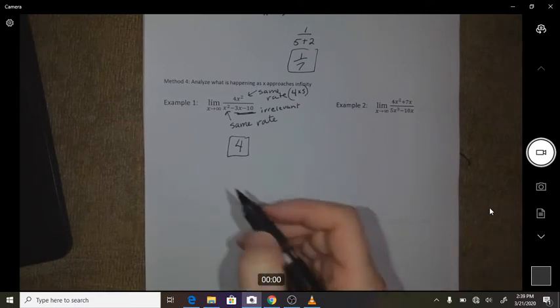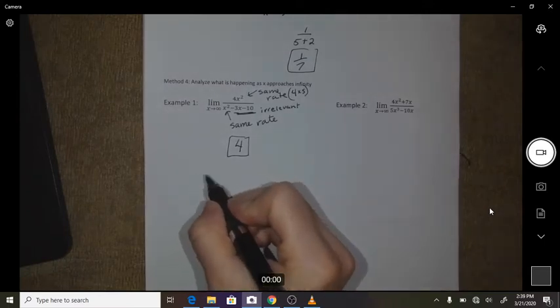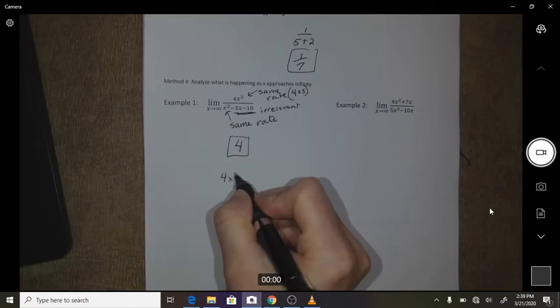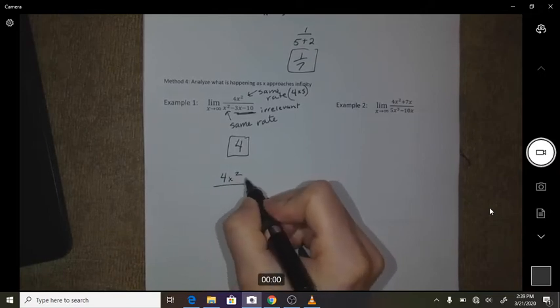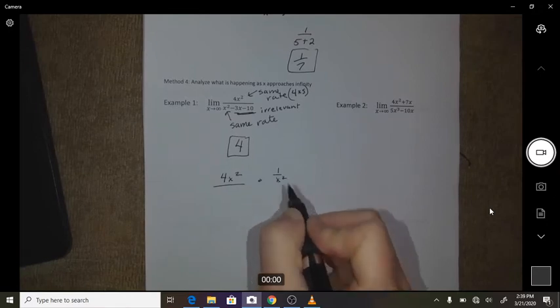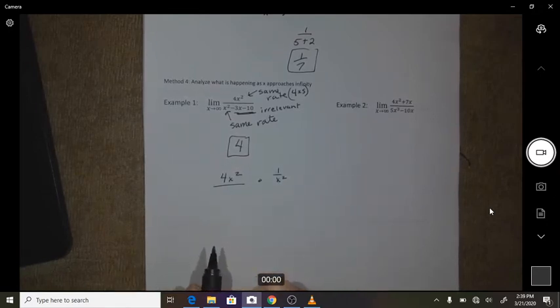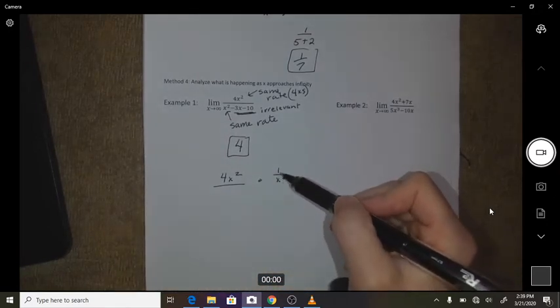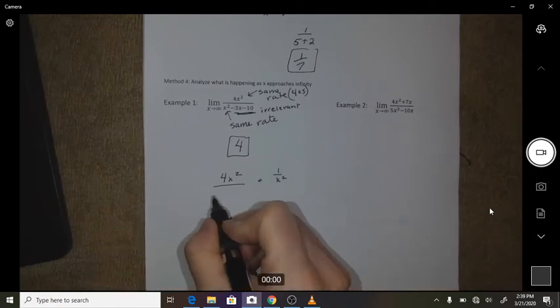I'm going to show you another way to do this. I'm going to take my equation and multiply it all by 1 over x squared, so I divide everything by x squared.